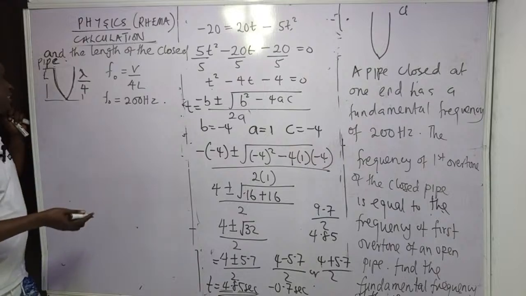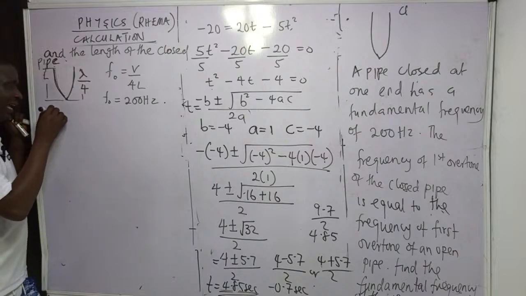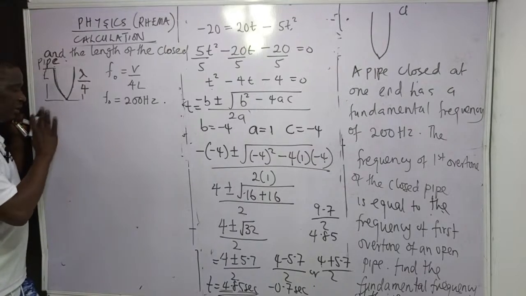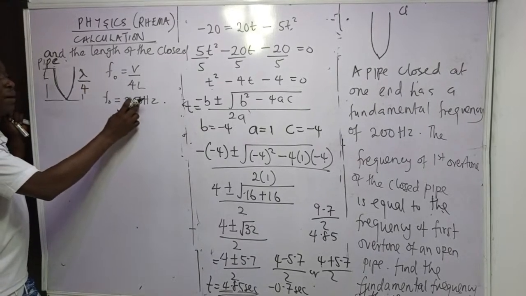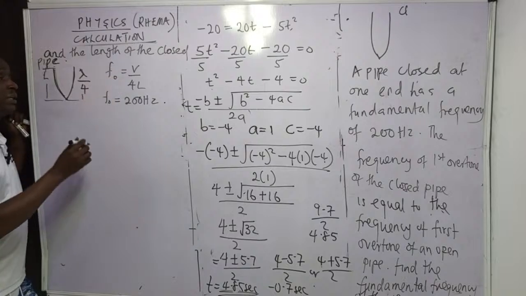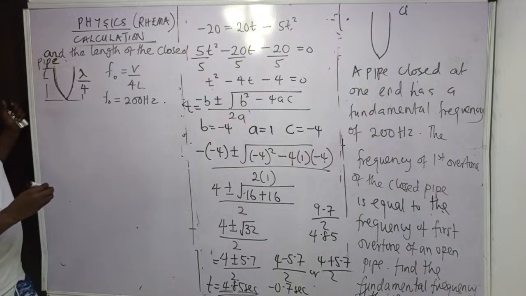And if you work it out following our proof, we cannot calculate the length from here because we are given the fundamental frequency of the closed pipe as 200. So let's first of all calculate the length of the closed pipe.